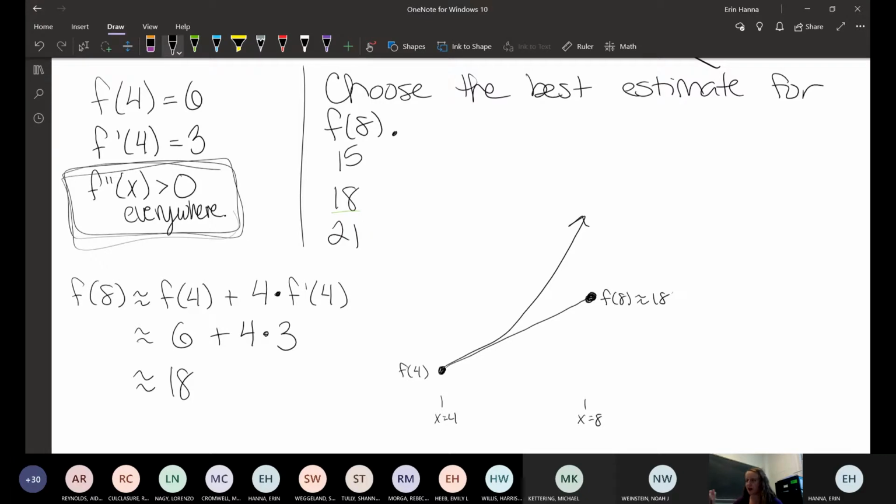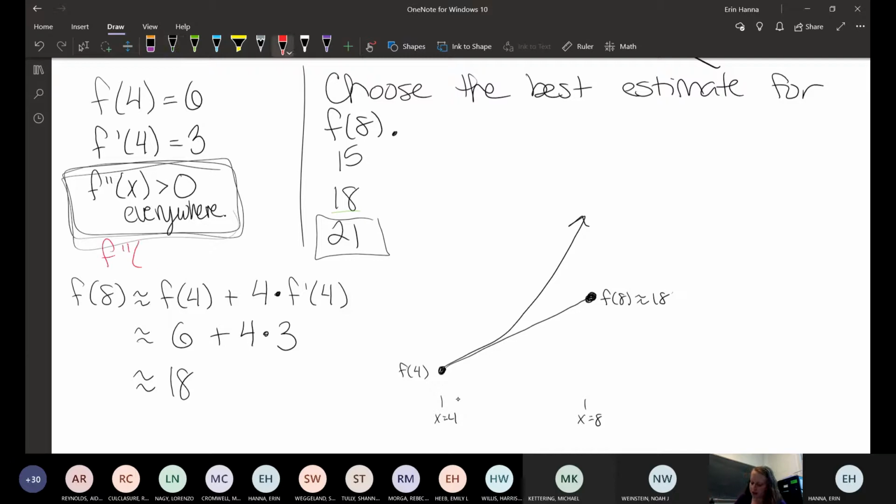Because I know it's concave up, I know that the function has to bend upwards, so I should recognize that the estimation from the tangent line is actually being too small. So the estimate might not be the exact right answer, but a better estimate would be to choose 21, because the fact that it's concave up tells me the actual value of the function is going to be somewhere higher than this tangent line approximation is giving me.